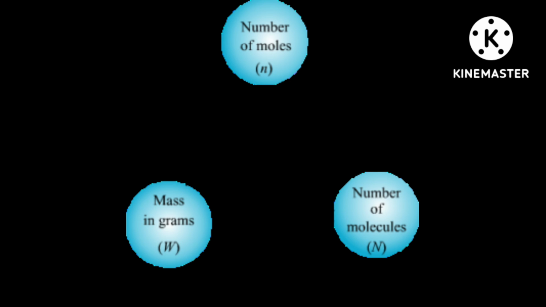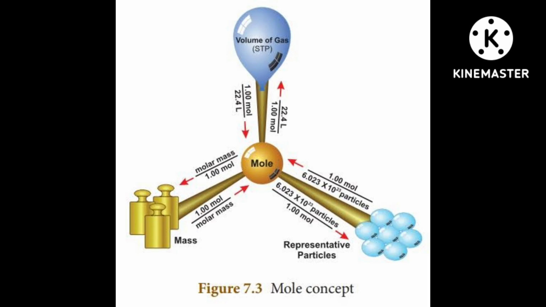That is called 1 mole. Again I am repeating, 1 mole means 12 gram carbon, and how many atoms it has. And how it is calculated, that I am going to tell you. That is also important for you.